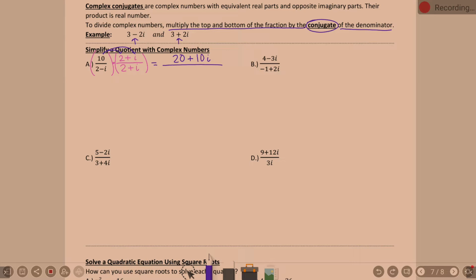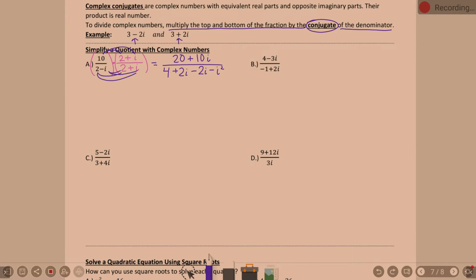FOIL, distribute, whichever one you want to say. So 2 times 2 is 4. 2 times positive i is 2i. And then negative i times 2 is minus 2i. Then minus i times i is minus i squared.